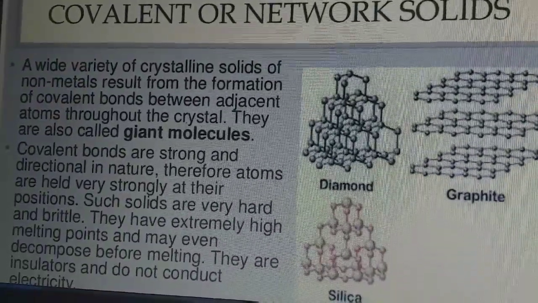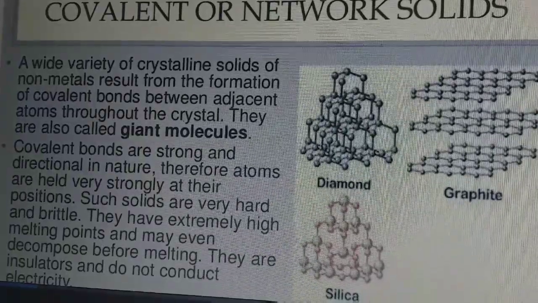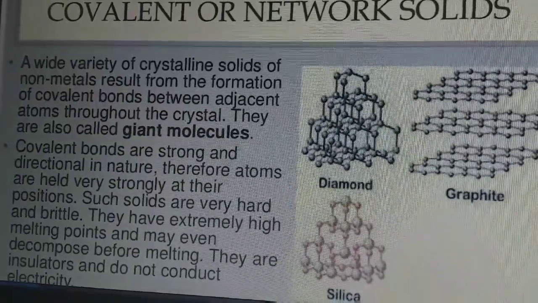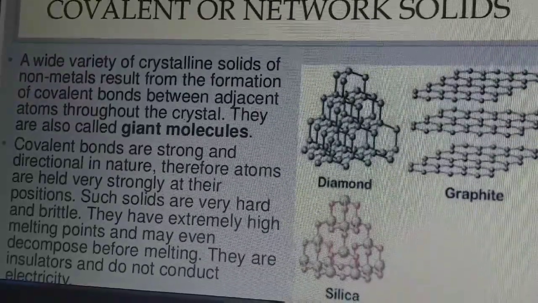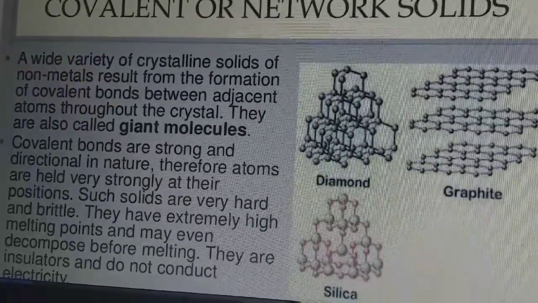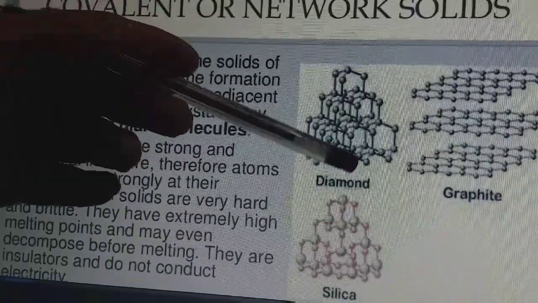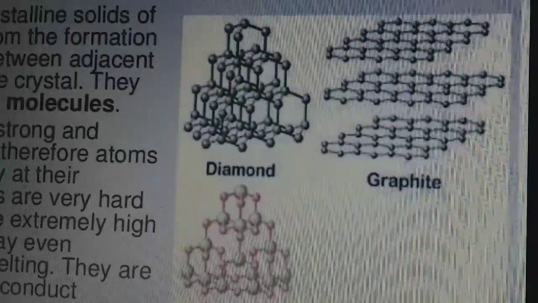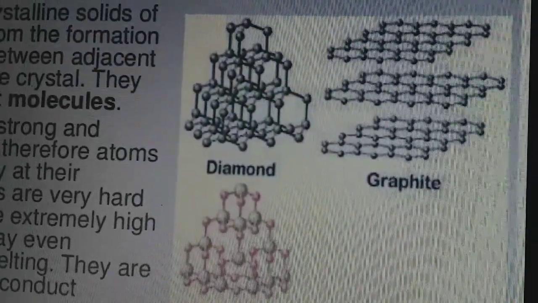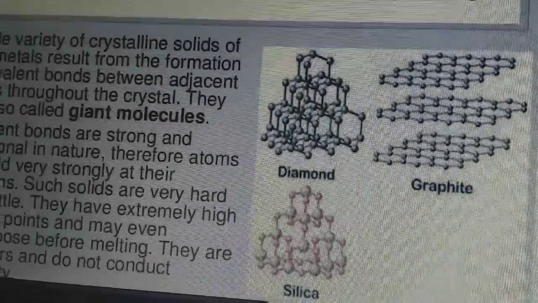They have extremely high melting points and may even decompose before melting. They are insulators, they don't conduct electricity. Here some examples are given. One is diamond, and you know very well carbon is sp3 hybridized. This is graphite. The third one is silica.